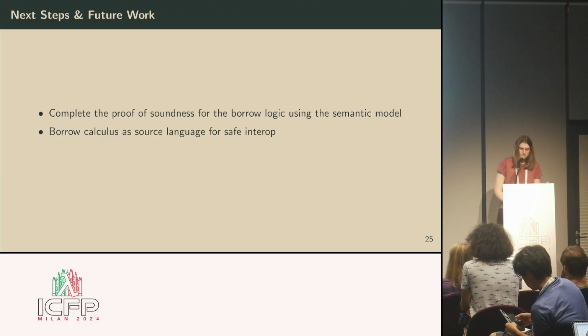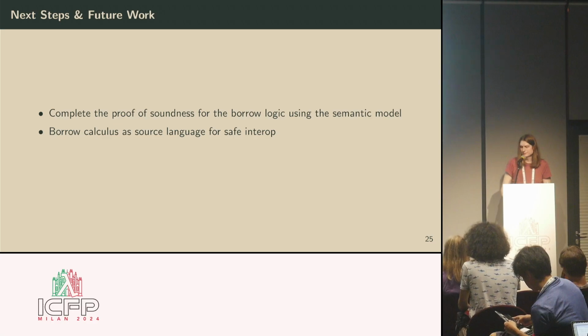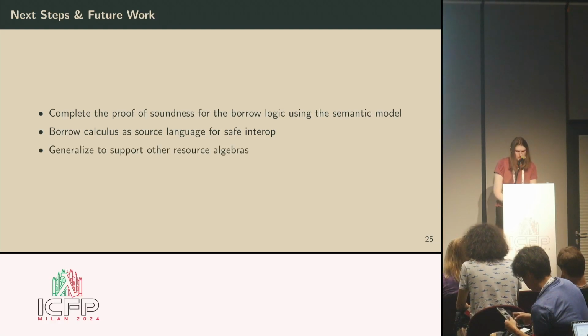We also plan to use our borrow calculus as a source language for studying safe interop between languages that have borrows and languages that don't have borrows. This is part of compositional compiler correctness and type-safe interop and stuff like that. And in the future, we think that the borrow calculus could be extended to support different kinds of resources.